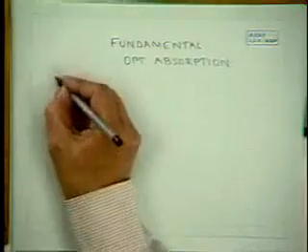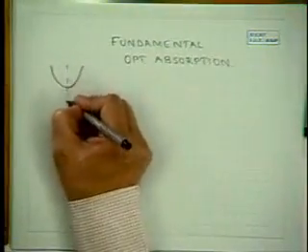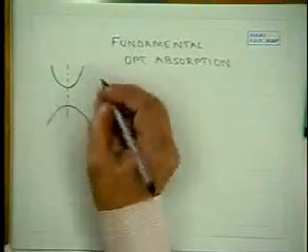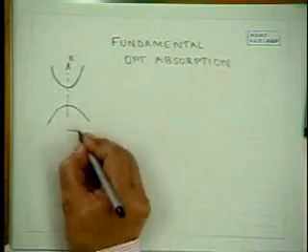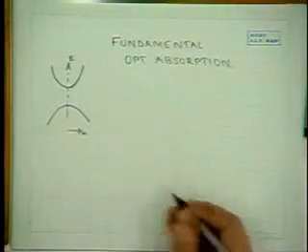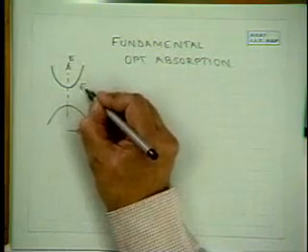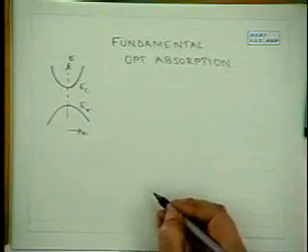Let's take the case of a direct gap semiconductor in which you have the minimum of the conduction band and the maximum of the valence band at the same value of k.